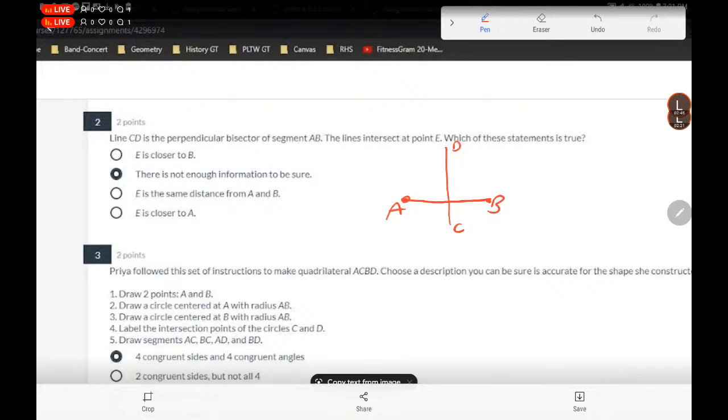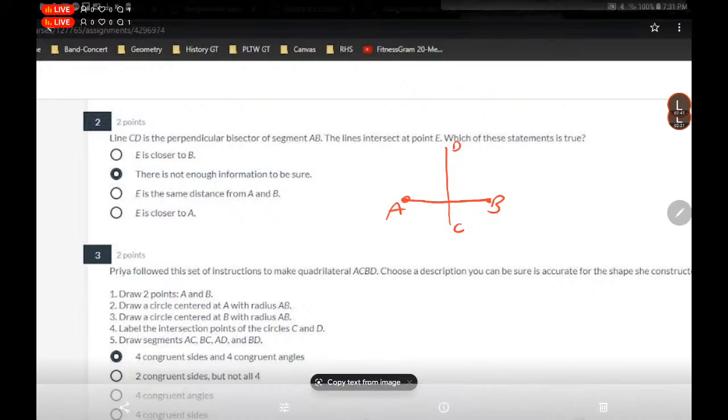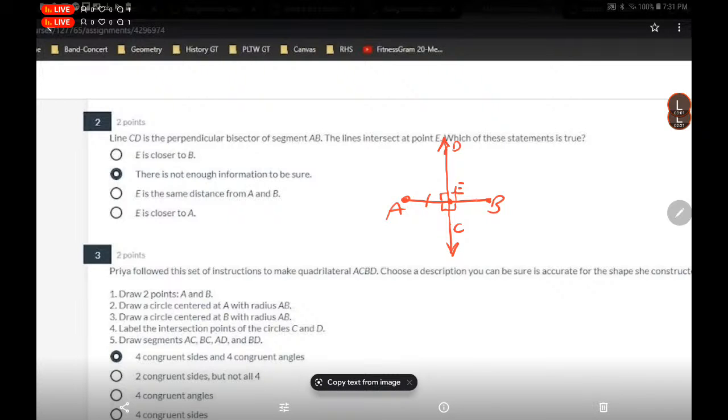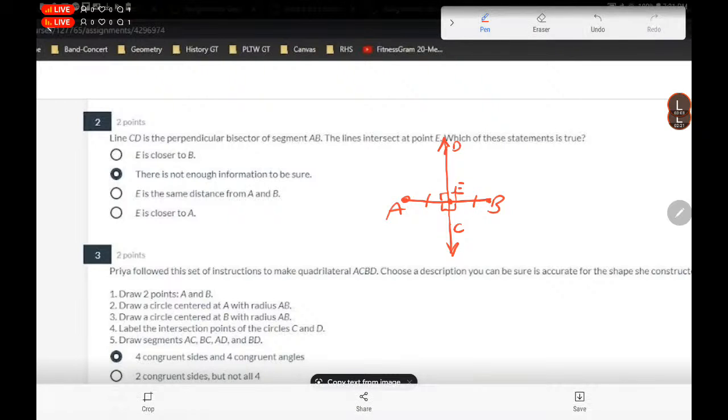The lines intersect at point E. So we know that these are all right angles. We know that segment AE is congruent to segment EB because it's a bisector.